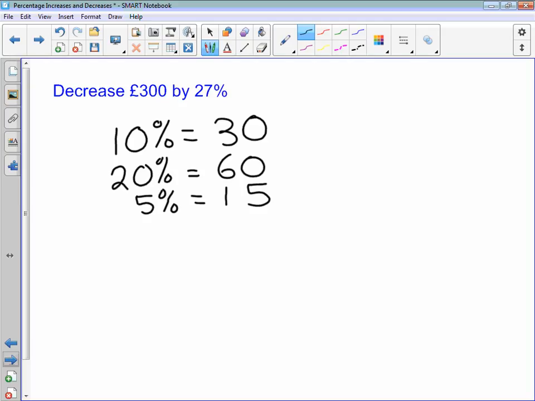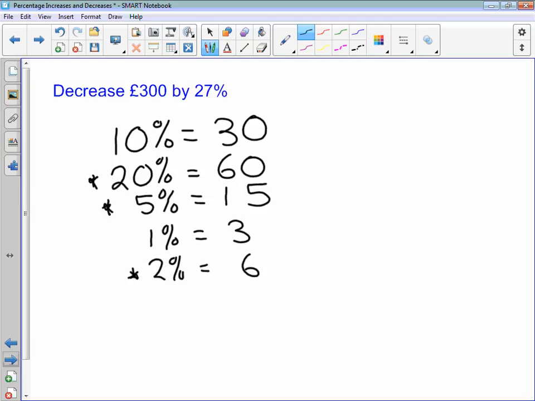I've got 20% and 5%, so I need 2 more percent. So 1% is £3, as I divide 300 by 100. So 2% is £6. So now I need to add my 20%, my 5%, and my 2% together.